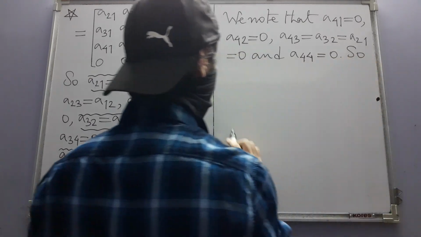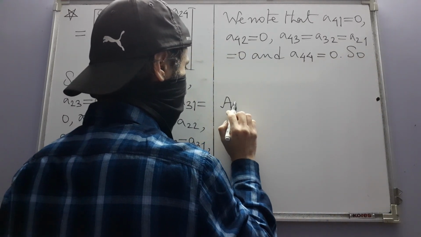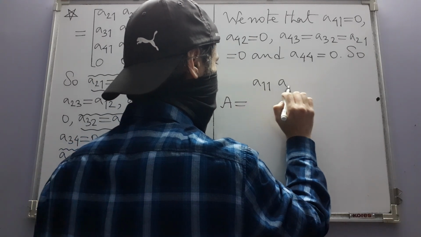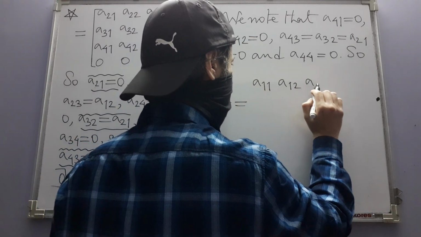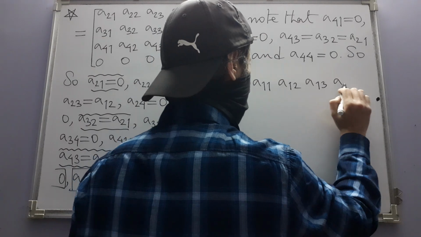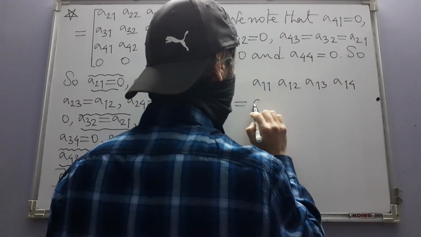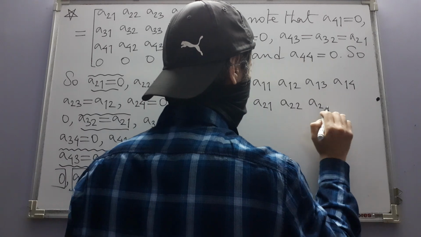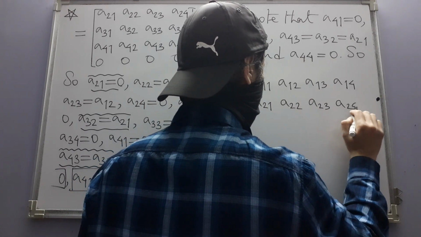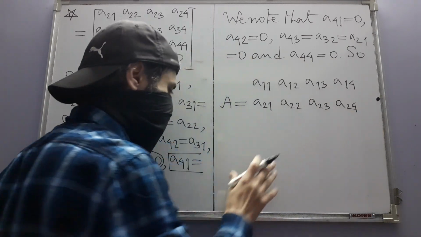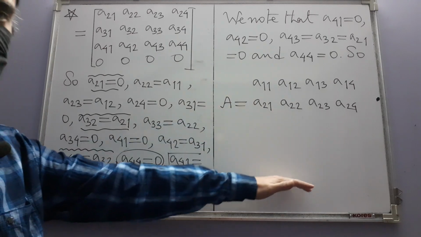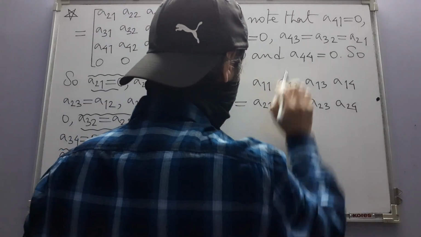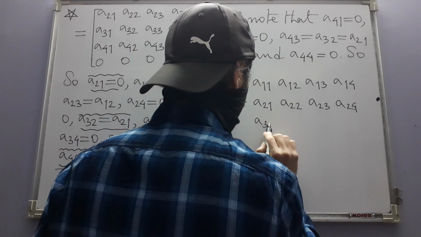So, the matrix A now looks like this. A21, 22, 23, 24. It's not necessary to again write the matrix, but I just want to show it in the matrix form, what all these things ultimately mean.